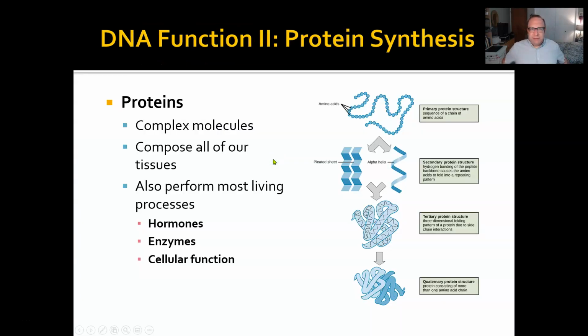So proteins. Proteins are a kind of very complex molecule. They're usually chains of shorter molecules called amino acids. These molecules are involved in everything. Every tissue in your body is made of proteins, right?